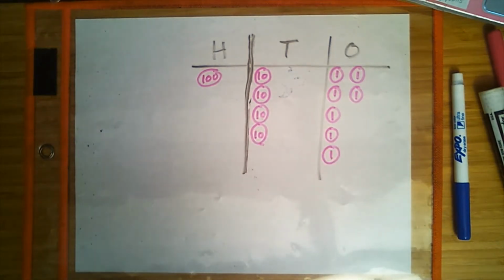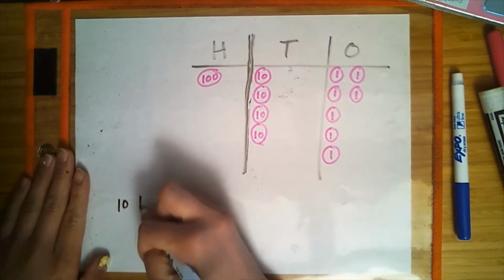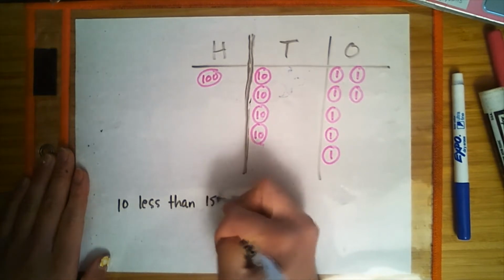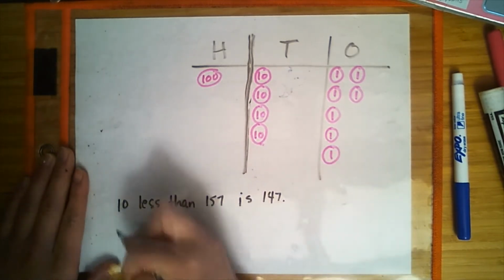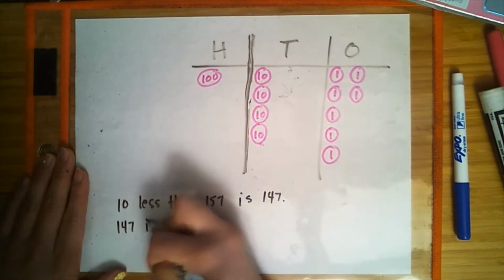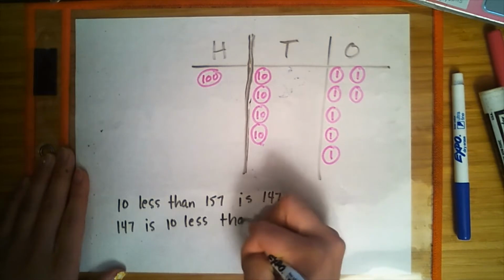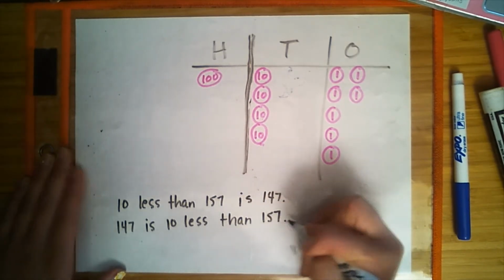Now, using a sentence frame, let's describe taking away 10 from 157. 10 less than 157 is 147. 147 is 10 less than 157.